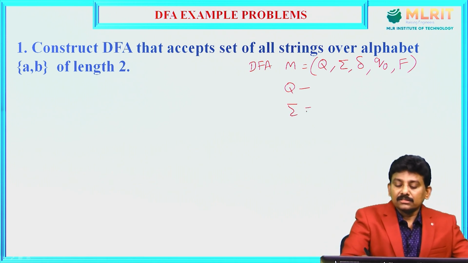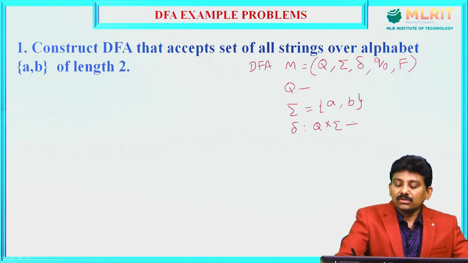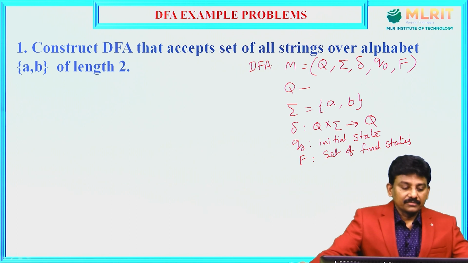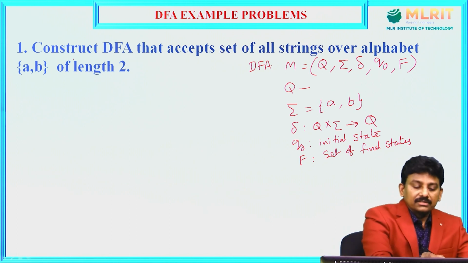Here the given alphabet sigma is {A, B}, and delta is the transition function, Q cross sigma to Q. Q naught is the initial state. F is the set of final states. This is the definition of the DFA.